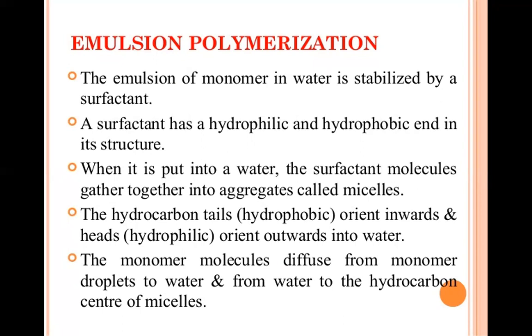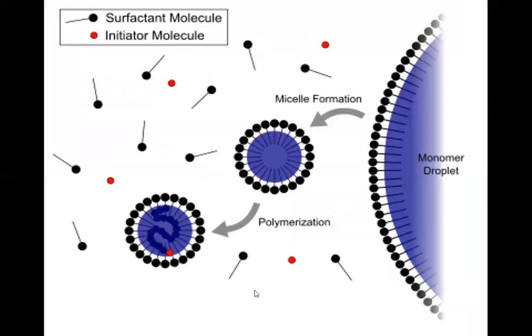The hydrocarbon tail is hydrophobic and oriented inwards, and the hydrophilic head is oriented outwards into the water. The monomer molecule diffuses from the monomer droplets through the water into the hydrocarbon centers of the micelle. So this is the micelle formation.